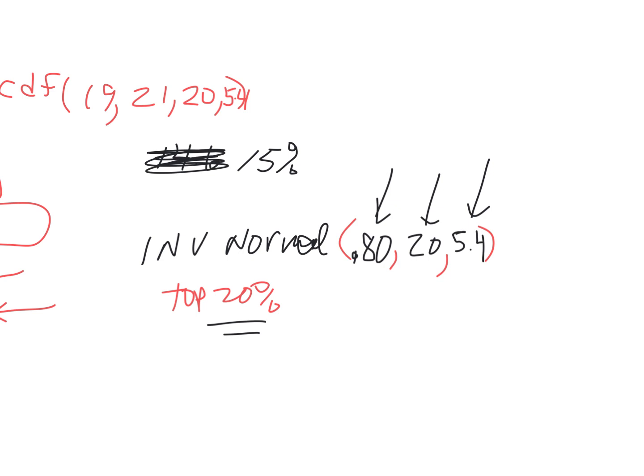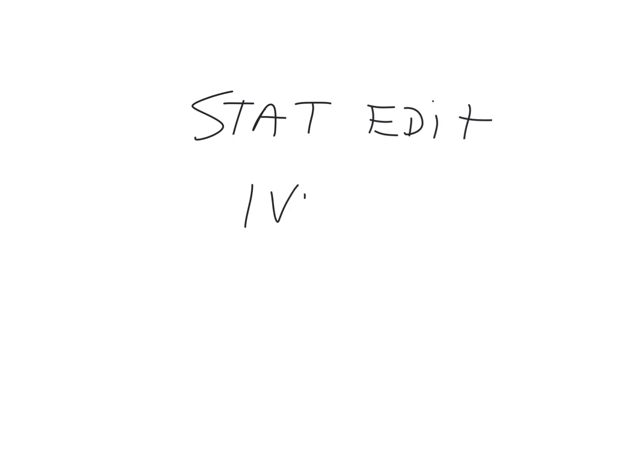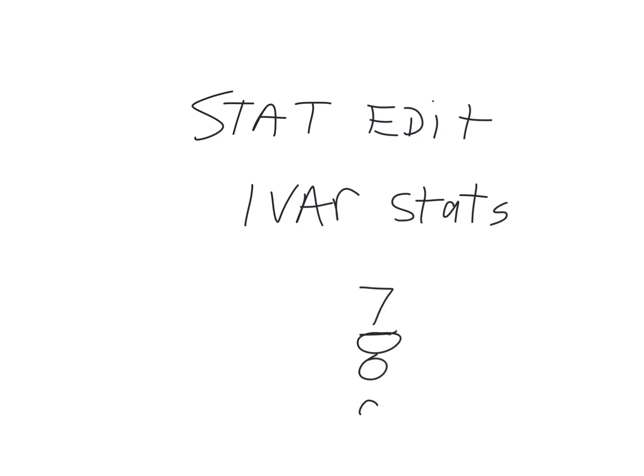Other than, do you remember if I gave you a list and you were to put them in under edit, stat, edit, and then I asked you to do one var stats? Let's just do it on the easiest list in history. 7, 8, and 9 are your three numbers.